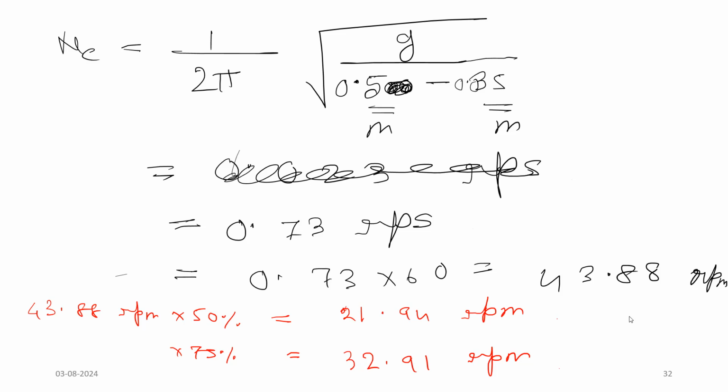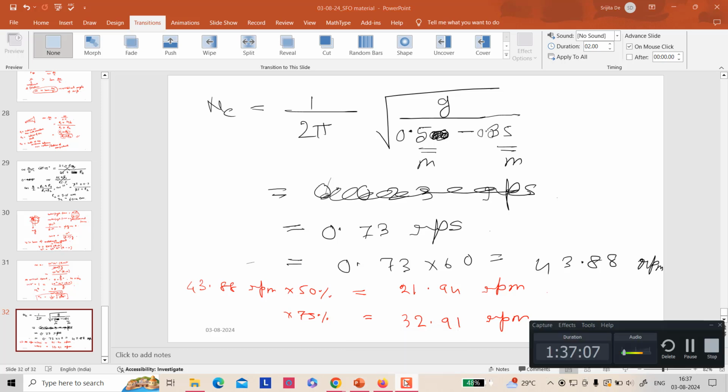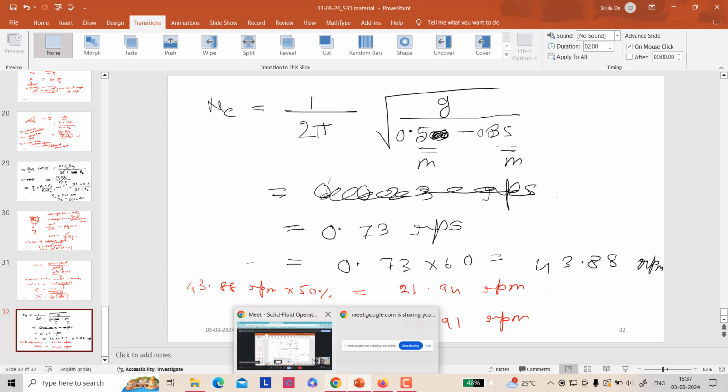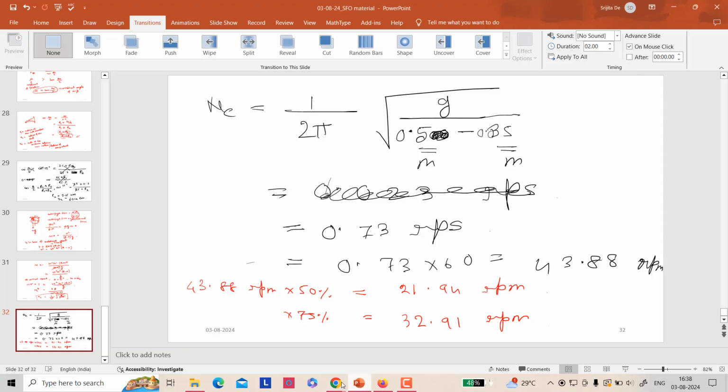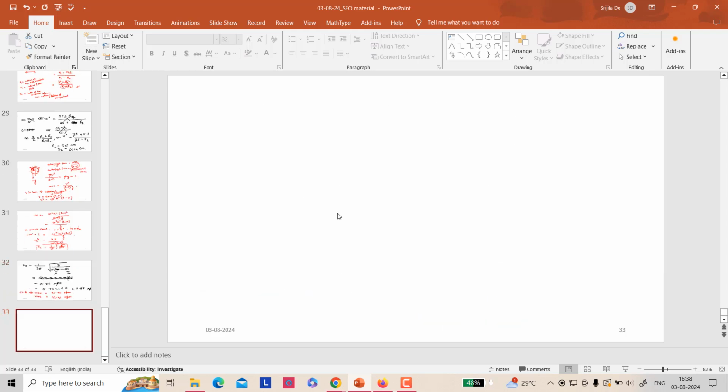Next we'll proceed to do some problems on the size reduction laws, that is Bond's law, Kick's law, and Rittinger's law. So let me do Rittinger's law.